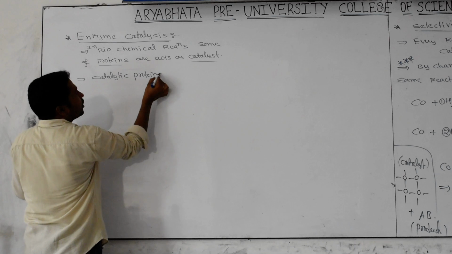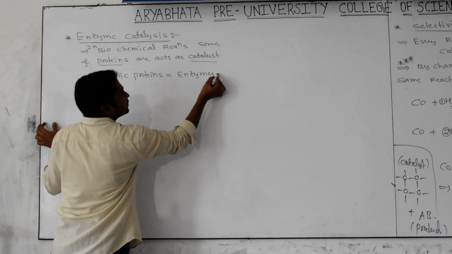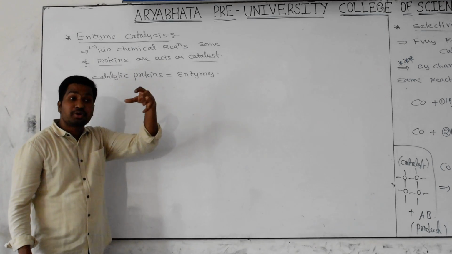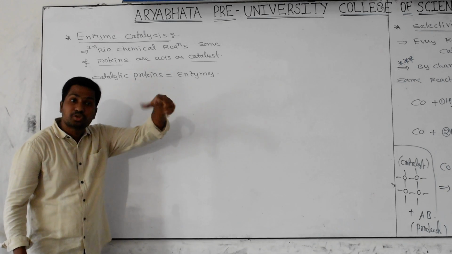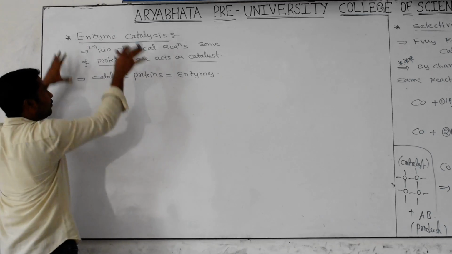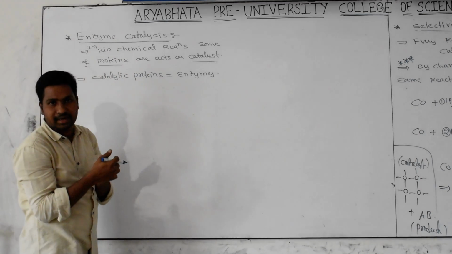It's not a new word, but among all the proteins, the proteins which act as special catalysts, those special catalyzing proteins only we call enzymes. The whole phenomenon is called enzyme catalysis or biochemical catalysis.